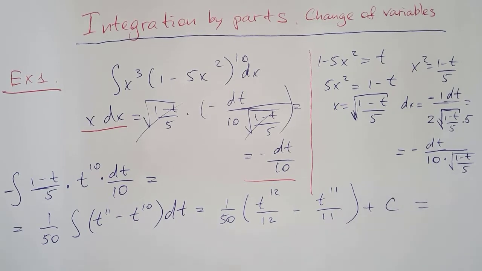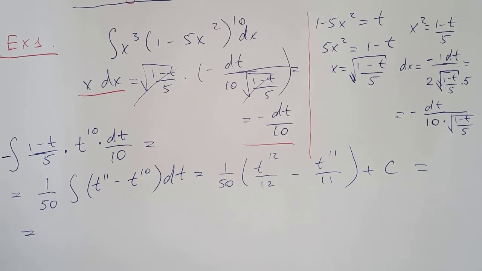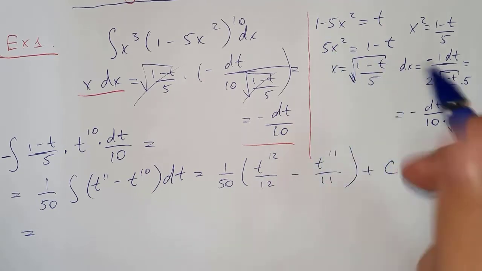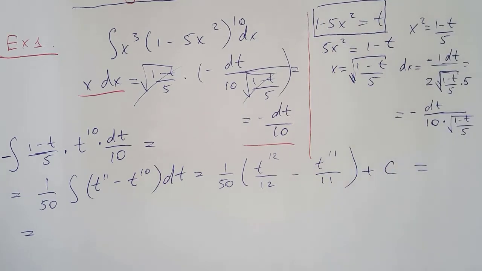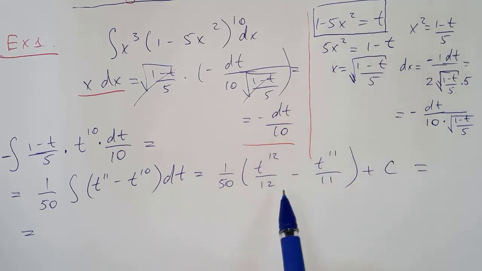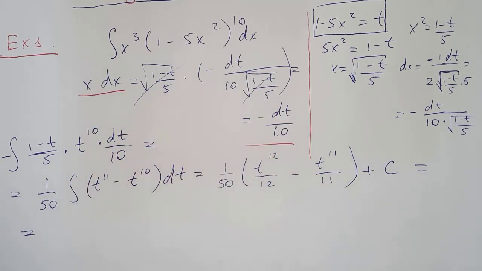Okay, and now if we continue, just put instead of t our expression 1 minus 5x squared, this is our new variable. We need to change t back, because we need the answer with respect to x, not t.